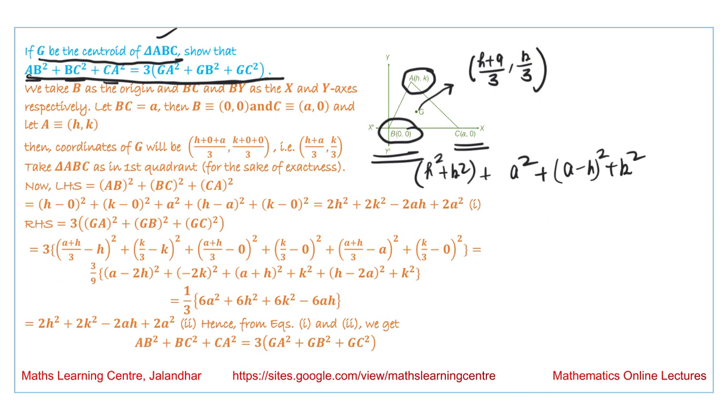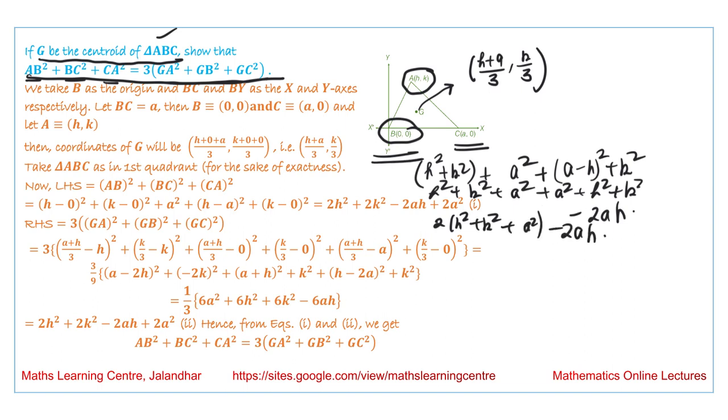So this value we will have is h square plus k square, plus a square, plus h square plus k square minus 2ah, and the value comes out to be 2 times (h square plus k square) plus a square minus 2ah.